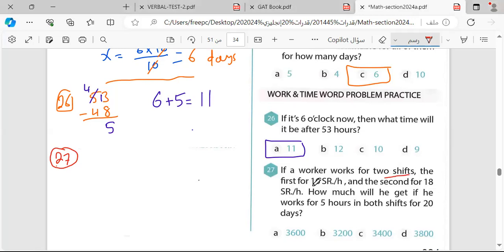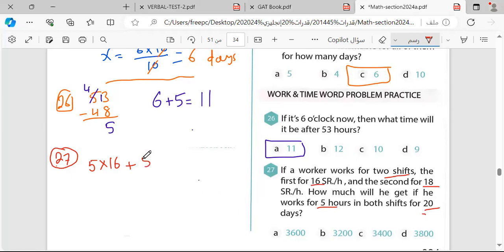And the first shift will be 16 riyals, and work 5 hours. So we can write it 5 hours times 16 riyals for the first shift. And the second one is 18 riyals, and work also 5 hours in both shifts for 20 days.